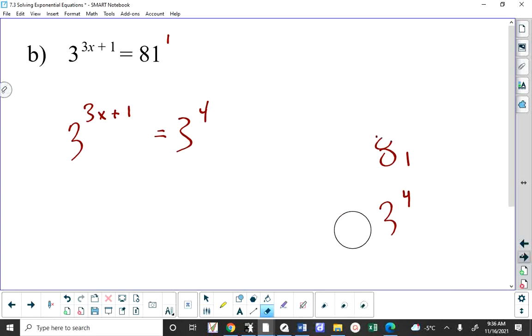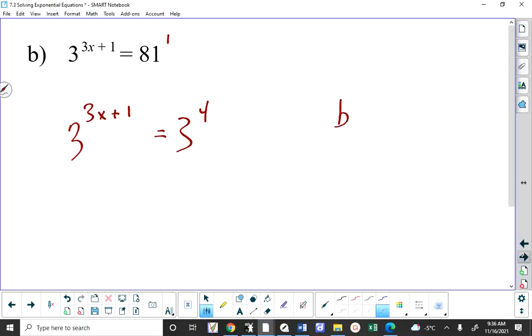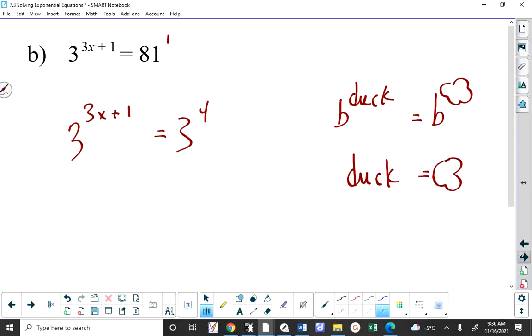Essentially what I'm telling you is that if you have that, then you automatically have that. Well, the shape has changed a bit, but you get my drift. If the bases are the same, you can ignore the bases and set the exponents equal to each other, regardless of what the exponents are. So 3x plus 1 equals 4.